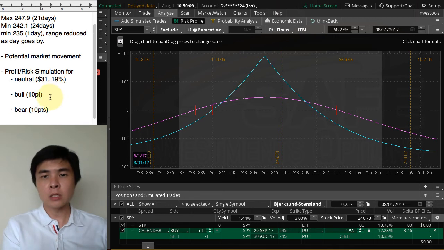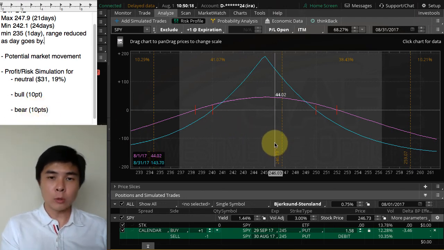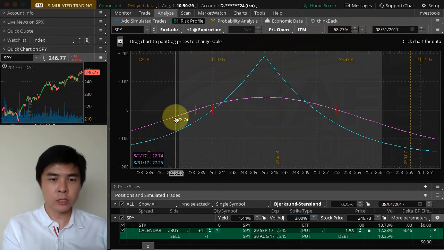Now assume it is a very bearish trend or a very bullish trend. If it goes down by 10 points, let's see what actually happens. If the market goes down 10 points, which is 236 or 237, at 236 over here we're making about a $28 loss.